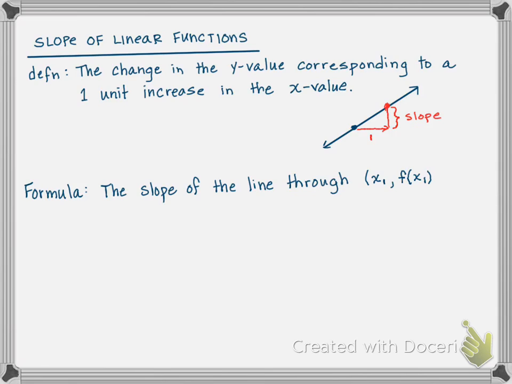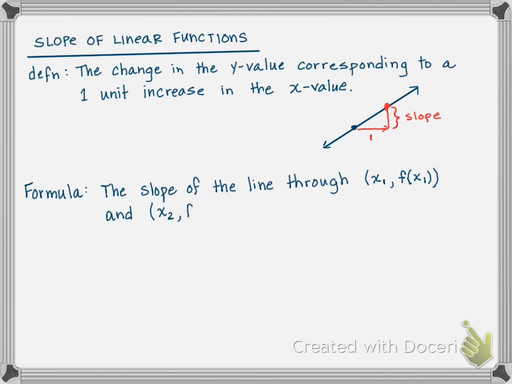That whole symbol represents the output, or y value, of that point. And then my second point, we'll say that x2 is my x value, and again, the y value is just the function evaluated for that input.